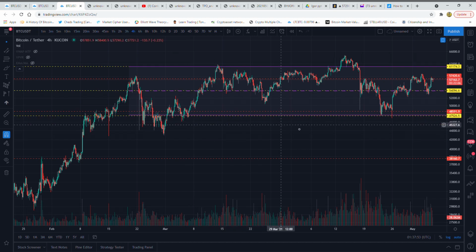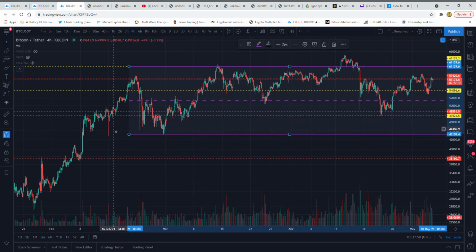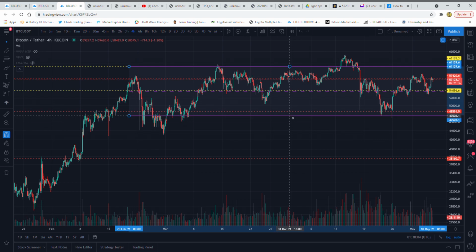You might ask, why didn't I draw the channel lower here? Well, because I have no level here. I have no level of history. I have no level of support. So that's why I draw it here. And if I draw it here, how would you call this? This is an exception of the market. You will find them all the time. So you find them here, you find them here, you find them here, and a little bit here.